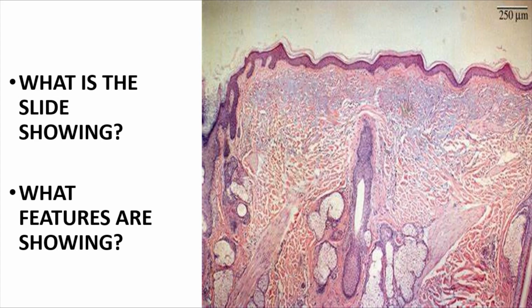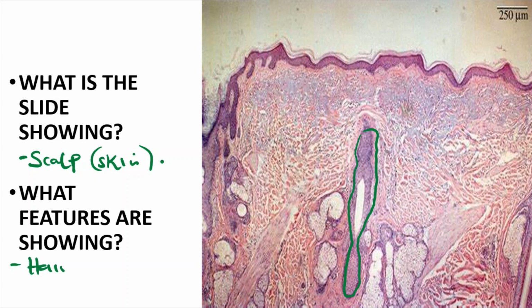All right, what is this slide showing? This is the skin. This is the scalp, skin of the scalp. What features are showing? I can see this is a hair follicle here. And then you've got sebaceous glands.